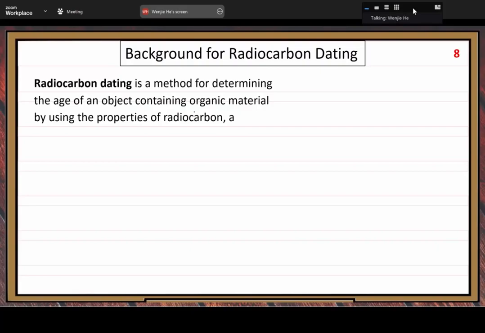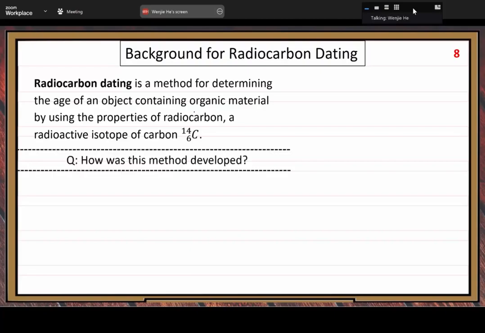There is a radioactive isotope of carbon, carbon-14. There are 3 different carbon isotopes, and this one is the only one that is radioactive.